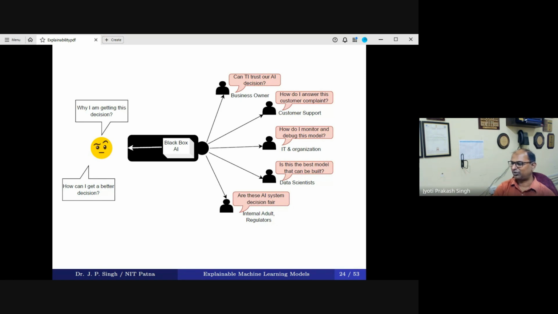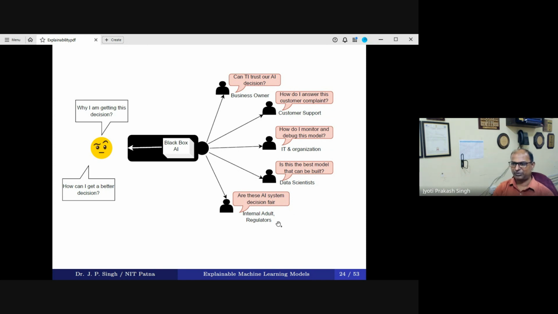Their question will be whether the model is fair. Is it not biased? Is it working well for all sections of people? Is it not making any discrimination based on caste, religion, ethnicity and so on? Again, through a black box model, you can't say that.